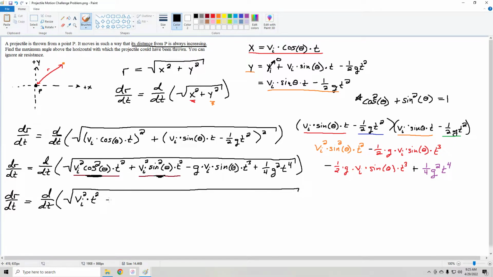And we still have minus g times v initial times sine of theta times t cubed plus 1/4 g squared t to the 4th. Get rid of this excess radical here. And that, ladies and gentlemen, is what we need to take a derivative of.